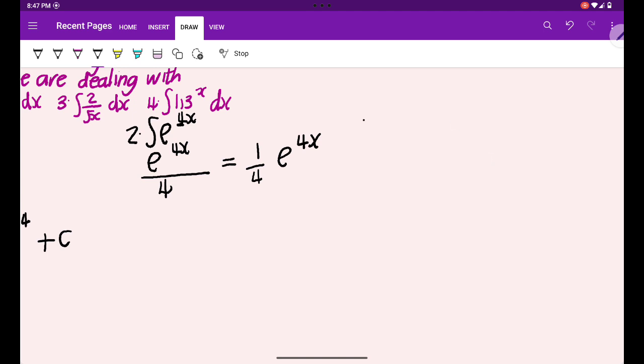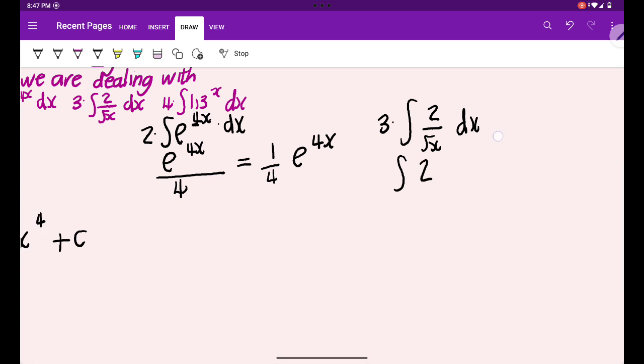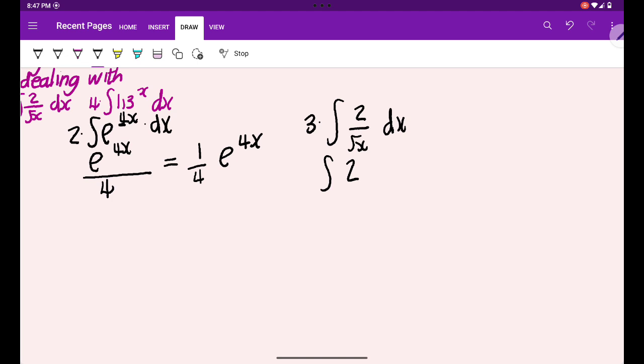Let's get to the third one. The third one says integrate 2 over the square root of x with respect to dx, right? So I should have written dx here. What you have to do first of all is to write this in a manner that you would understand. So I would write 2 and take the x to my numerator. So I'd put it as x to the power of negative 1 over 2 dx, right?